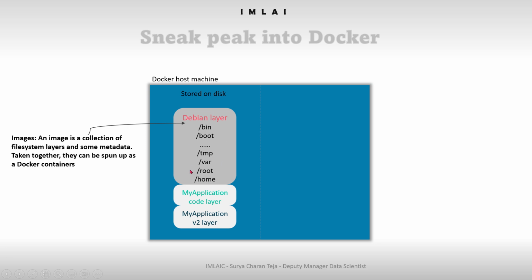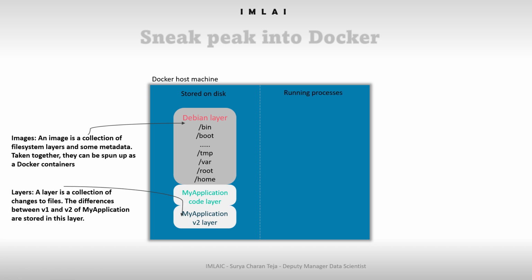Let's look at this example, where we have added another layer. What is a layer? A layer is a collection of changes to files. You can see that the differences between version 1 and version 2 of the application code layer are also stored in this layer. Once you run this container, when you say docker run, the systems and services mentioned inside the Docker image will be running.